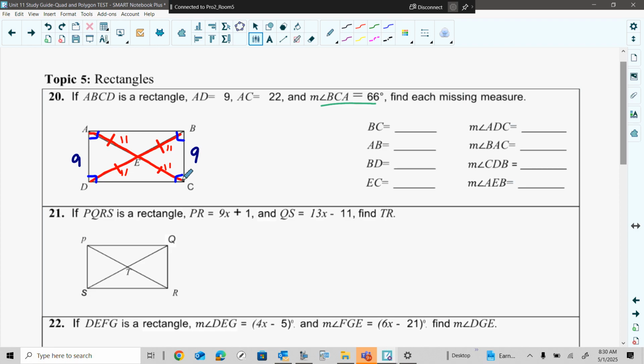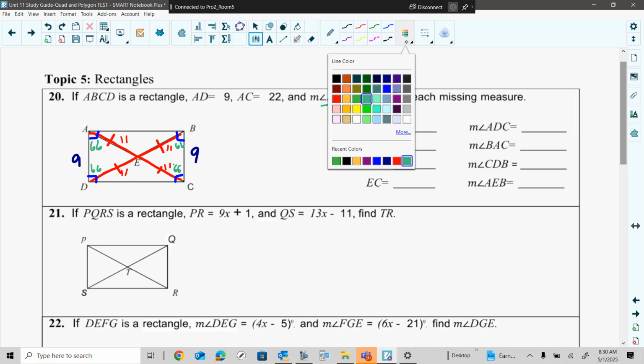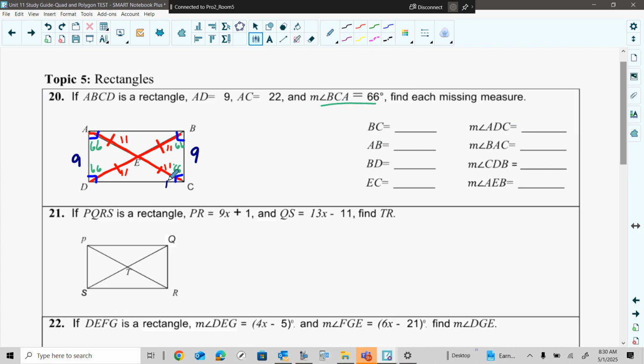From B to C to A is 66. Well, these are isosceles triangles, so a pattern occurs with the rectangle. Therefore, I can find that missing angle just by doing 90 minus 66.